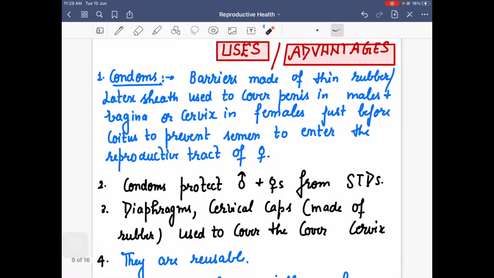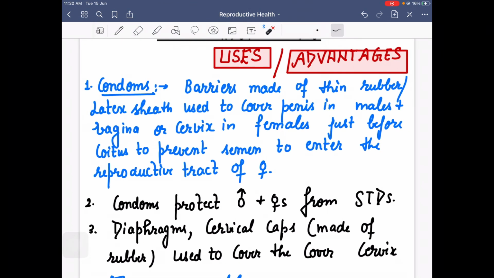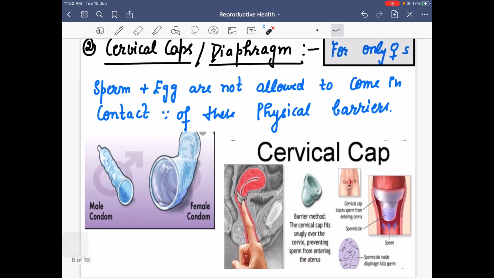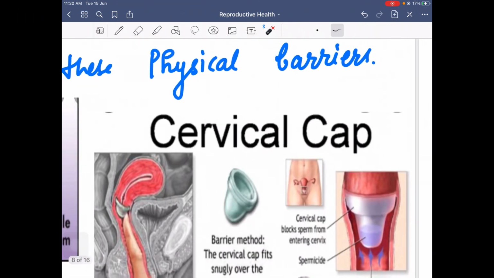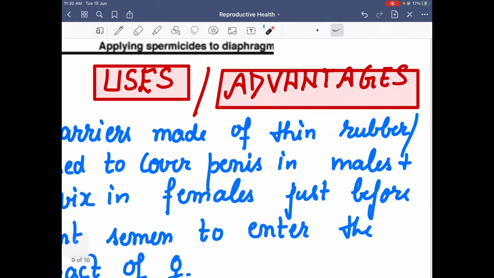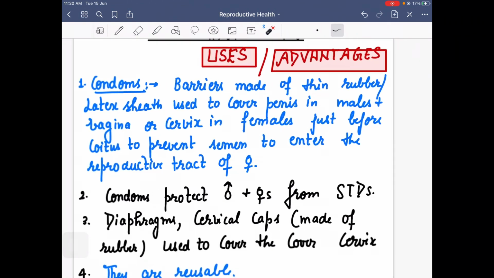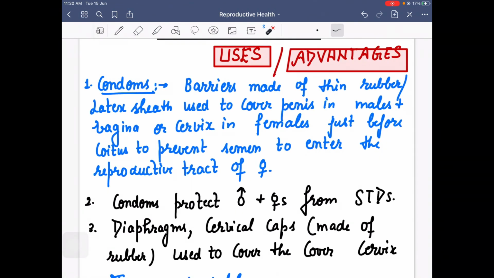Now the question which actually comes to mind after studying this is, what can a barrier method basically be used for? Like the first barrier method I told you, that is the condoms. If you look at the picture very carefully, it is made up of a thin rubber latex like material, right? It is used as a cover for the penis in males as well as the vagina or cervix in case of females just before the coitus.